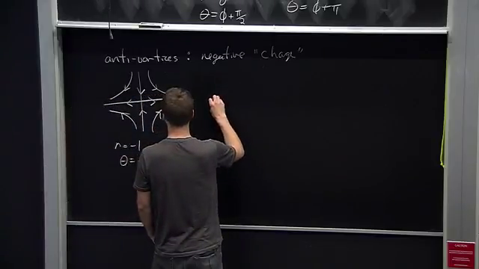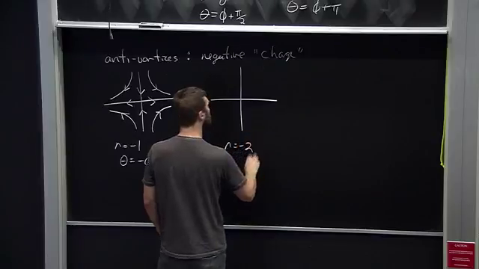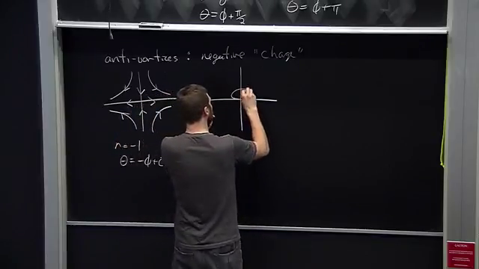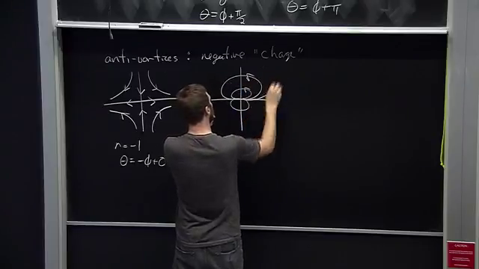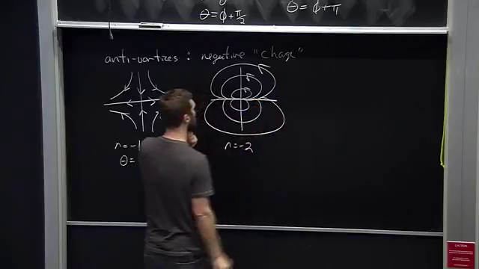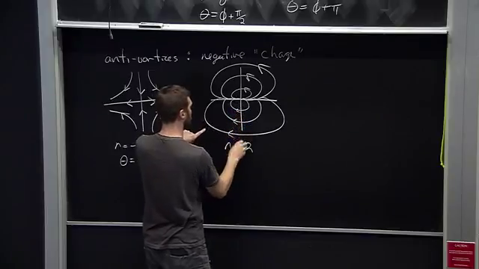I'm not actually sure I'm drawing the right charge now, so let me try another one. So this is n equals minus 2. So another one should look like this. And the bottom ones must go this way, I think.